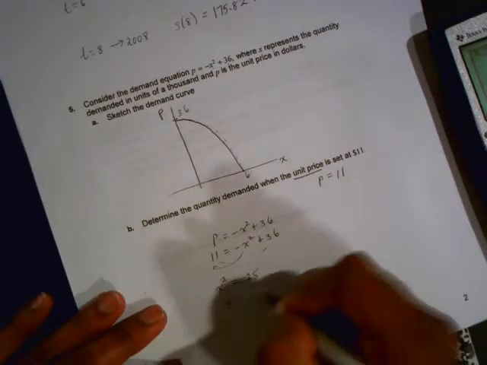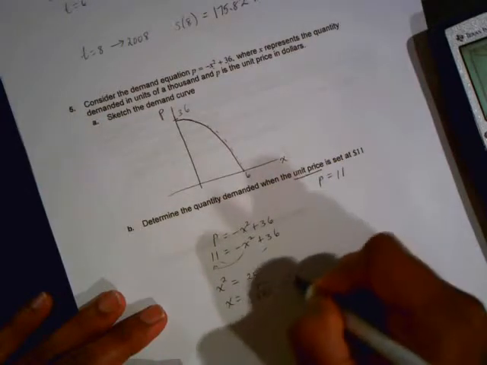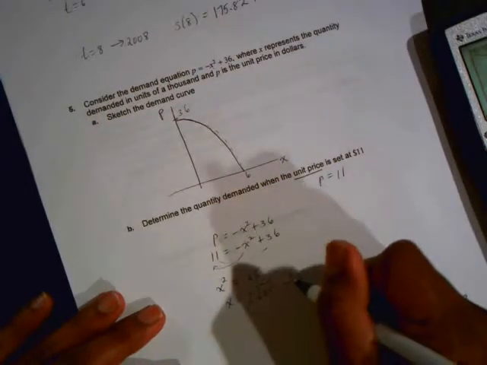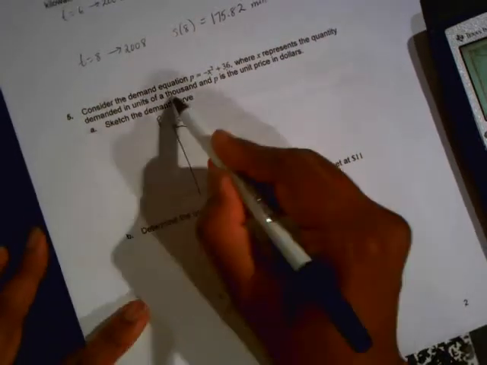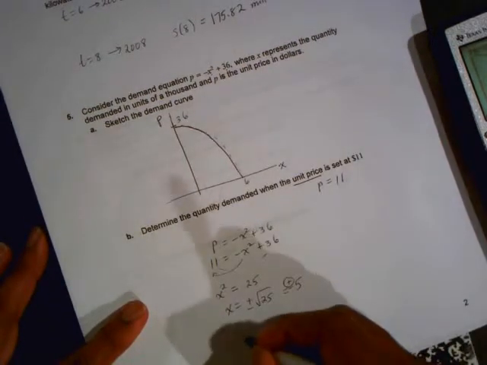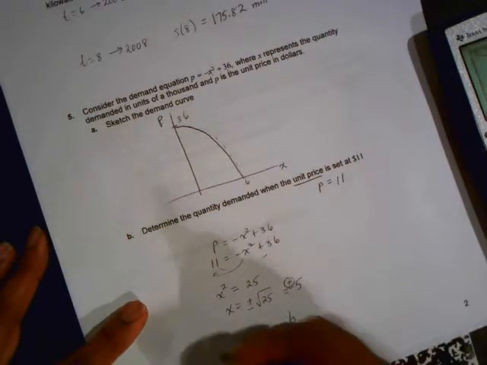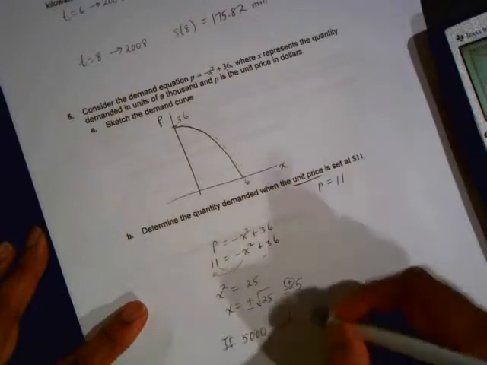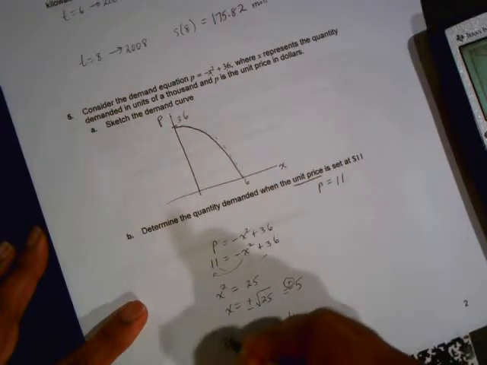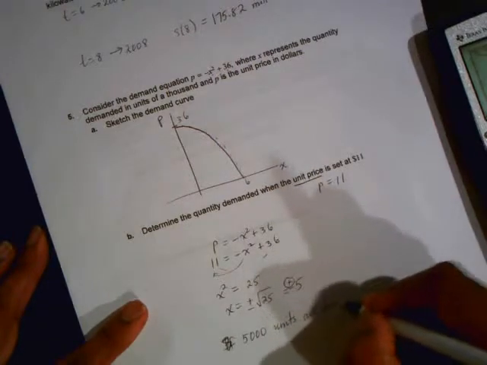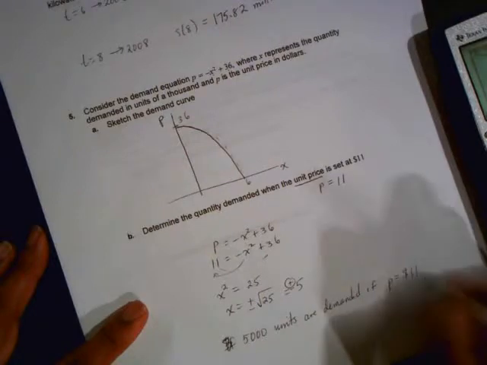So x is plus or minus the square root of 25, which is 5. Now the negative value doesn't make sense because this is a quantity in units of thousand, so you're going to say 5,000 units are demanded if the price is $11.